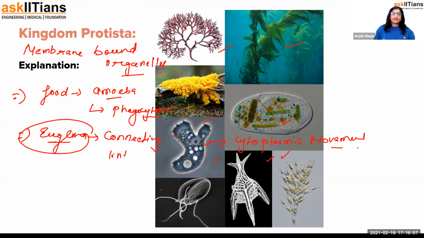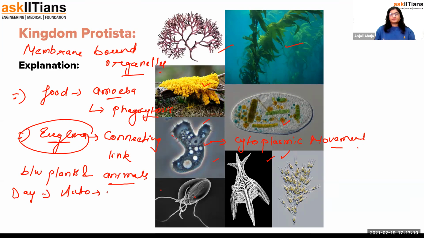The reason being, in the daytime, euglena becomes photosynthetic, an autotroph, which means photosynthesis happens. And in the night time, it becomes a heterotroph, and no photosynthesis happens. That is the special property, and that is why euglena is a connecting link: it has the properties of both plants and animals.